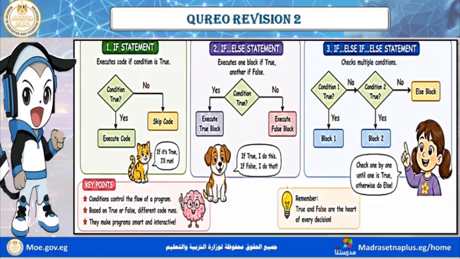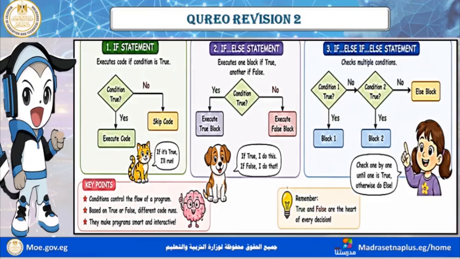If the condition is true, yes, execute the code, and if no, you skip the code and do nothing. Here I have code that will be executed only once the condition is true. If the condition is false, I do nothing. So we use it as a simple if.